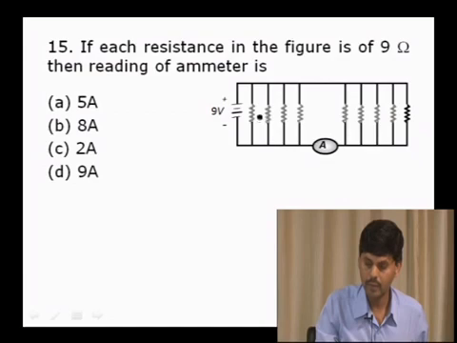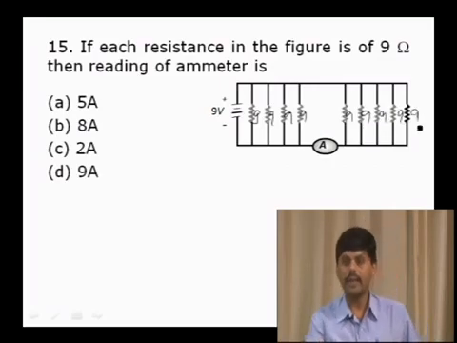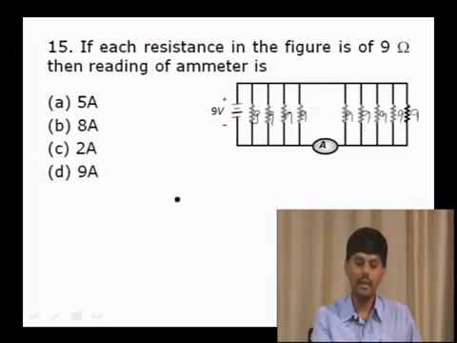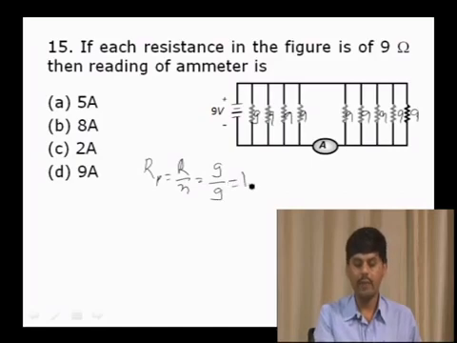They are connected in parallel. The net resistance Rp is equal to R divided by N. The value of R is 9, and there are 9 resistors. The effective resistance is equal to 1 ohm.